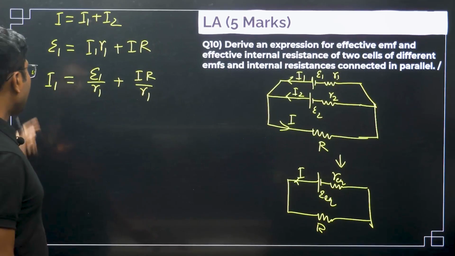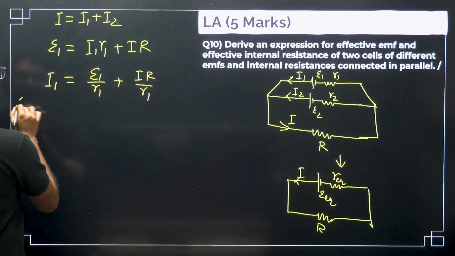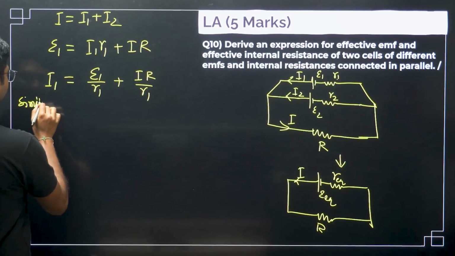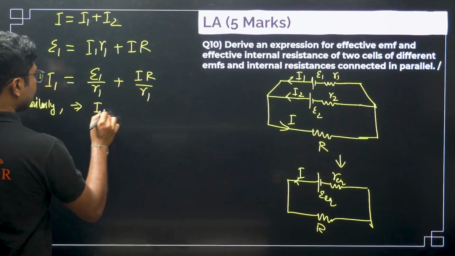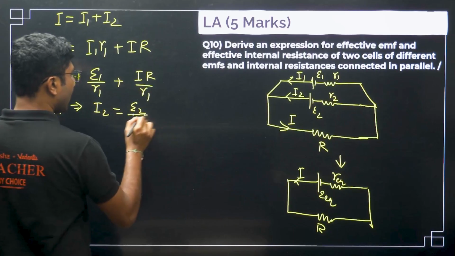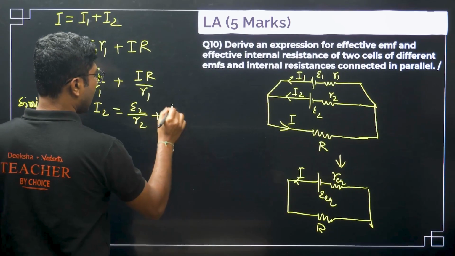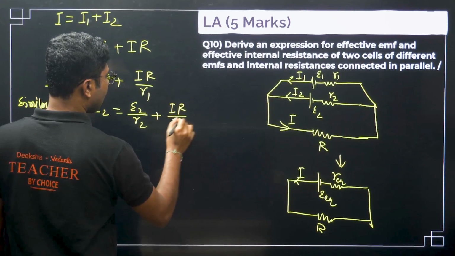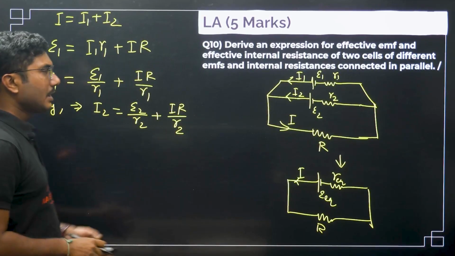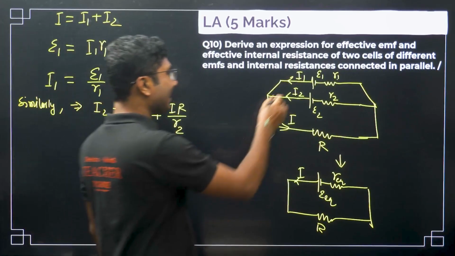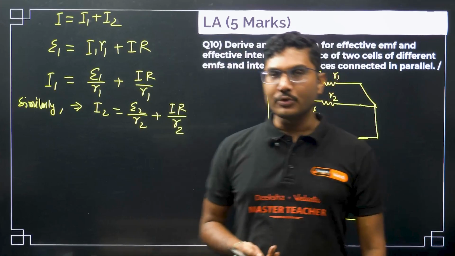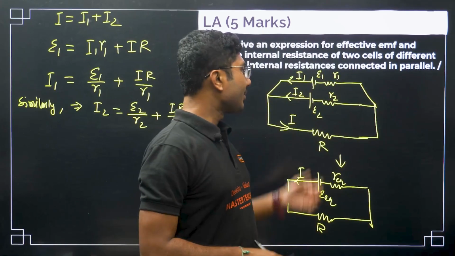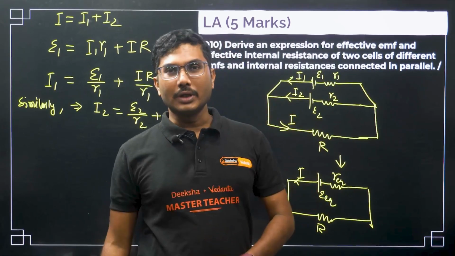Now what about I2? Similarly, we can calculate I2 as epsilon 2 by R2 plus IR by R2. How did I do this? You have to take any single loop and then apply Kirchhoff's laws. Those who don't know how to apply Kirchhoff's laws, you have to consider the current in a particular branch.